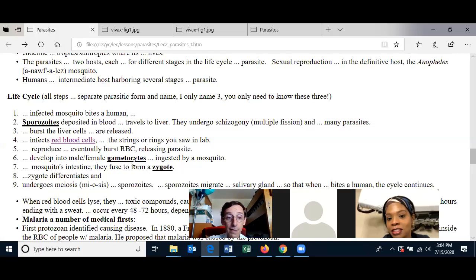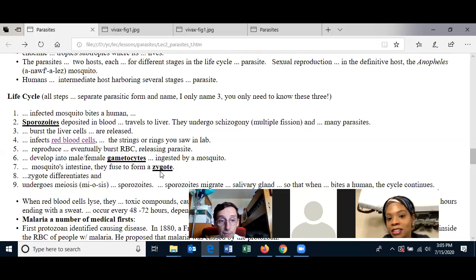The gametocytes then fuse, a male and female gametocyte, in the mosquito's intestine, and that forms the ultimate last stage of the parasite, which is called the zygote.